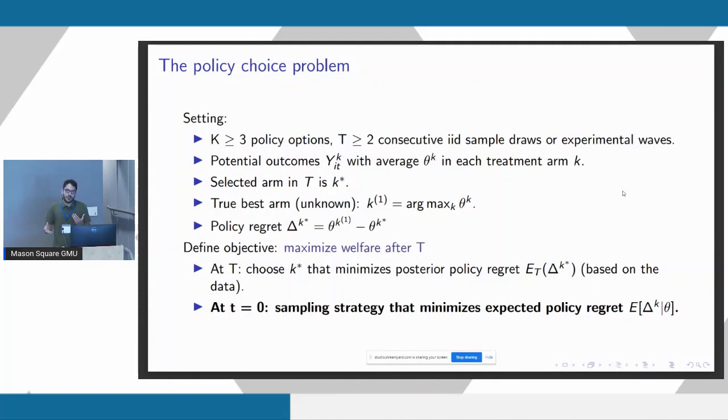Now, that's sort of intuitive, right? But the main idea of the paper comes at the start of the intervention, in which we would like to select or use a sampling strategy that minimizes expected policy regret before we've done anything.